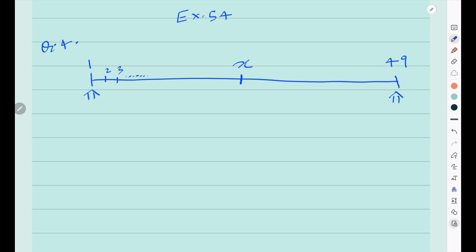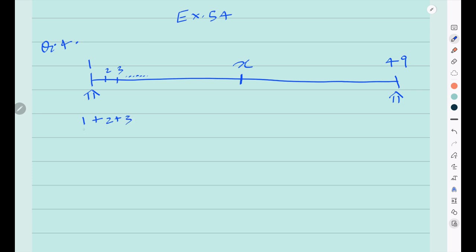And then we are supposed to show that the sum of the numbers of the houses preceding the house numbered x. That's very important.